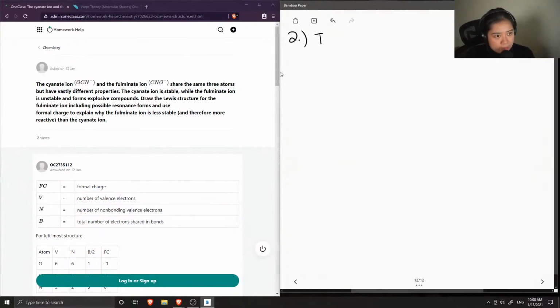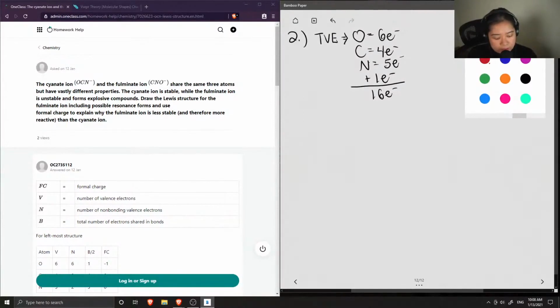So if we were to calculate the total valence electrons for both of these, since they have the same atoms and the same charge, oxygen contains 6 valence electrons, carbon has 4, nitrogen has 5, and because there's a negative charge, we add an extra electron to our count, so we have 16 electrons in total. So now let's do the cyanate ion first, which is OCN-.